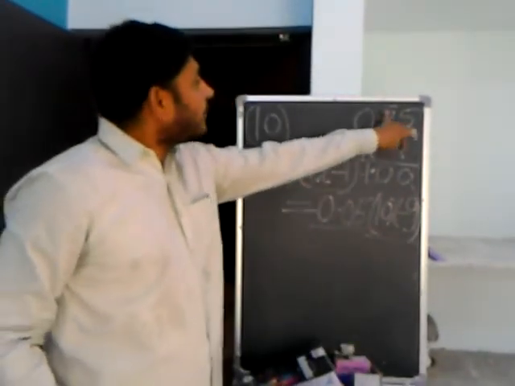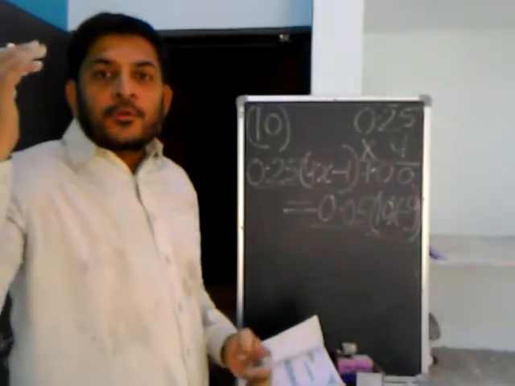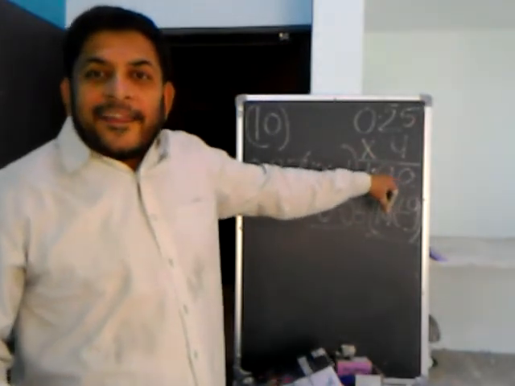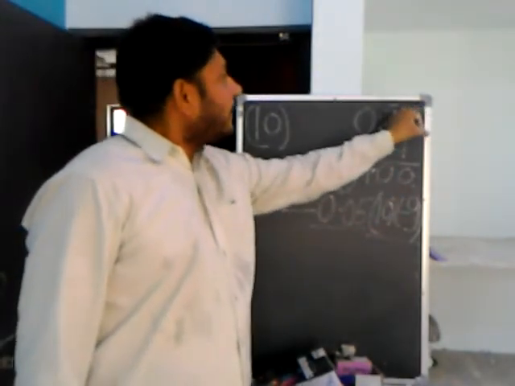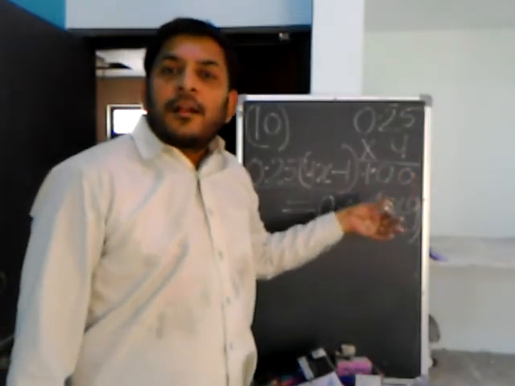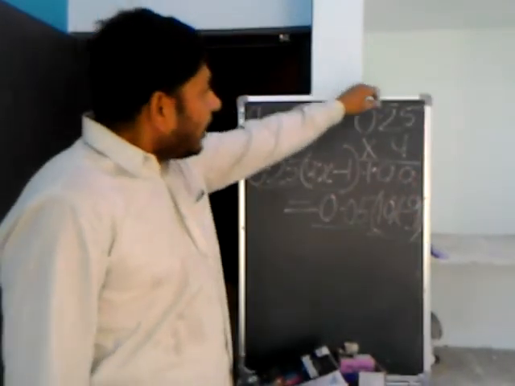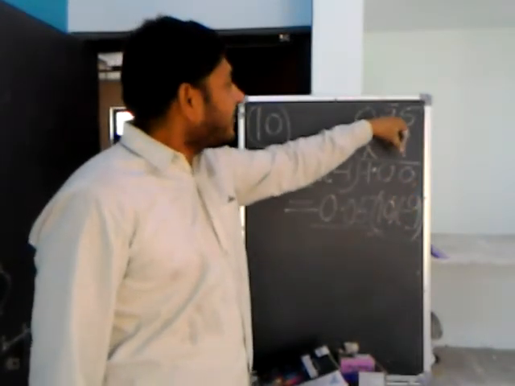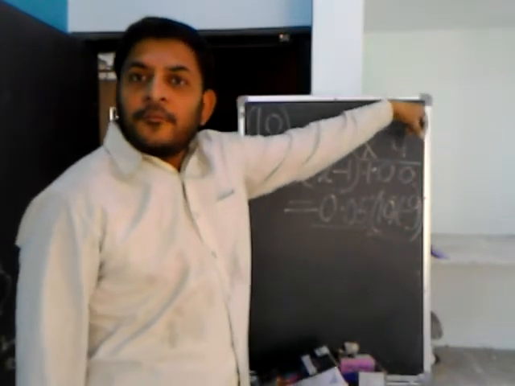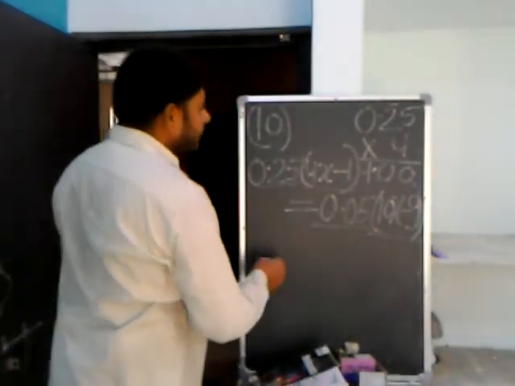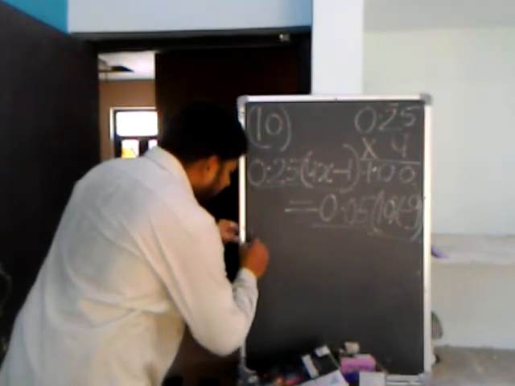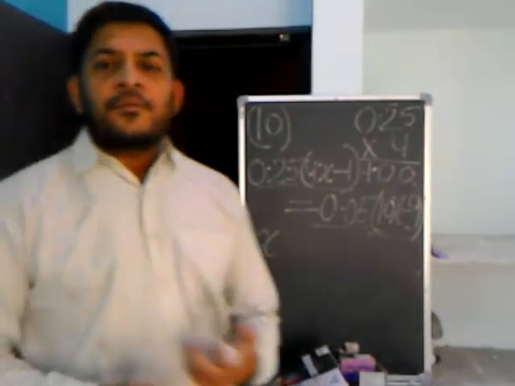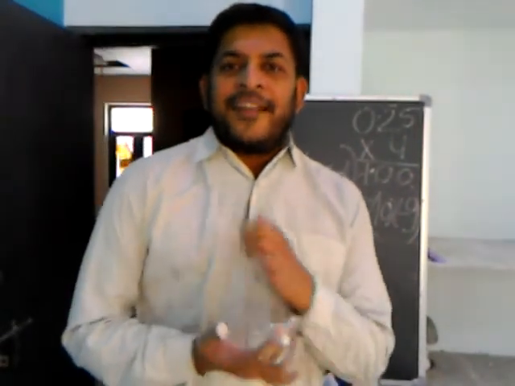If there were 3 digits or 1 digit, I would count that many. I count as many digits as there are after the point sign. So it becomes 1x, or simply x.